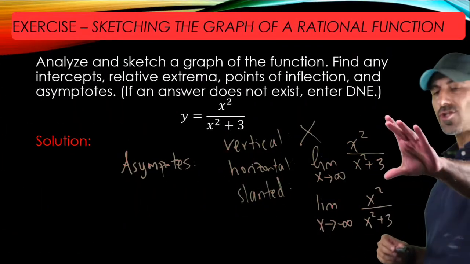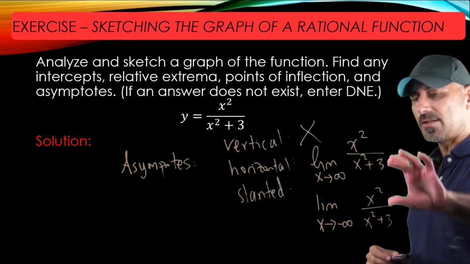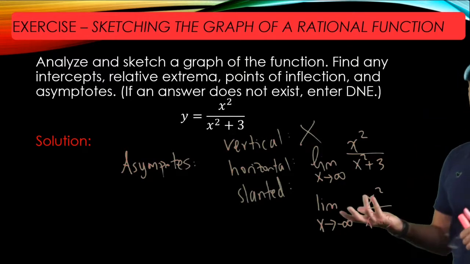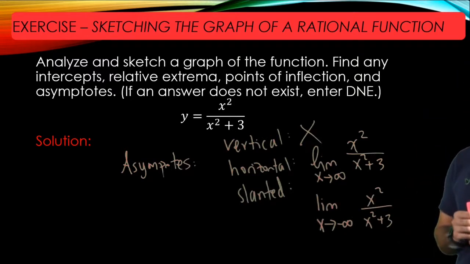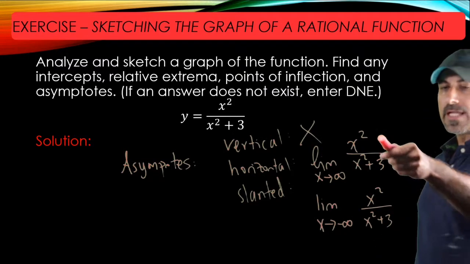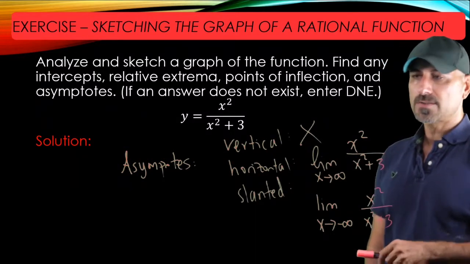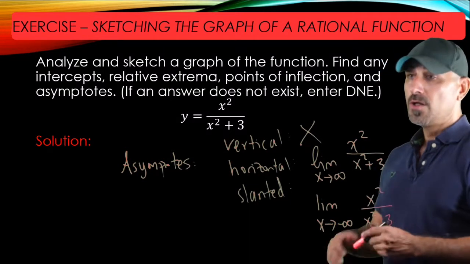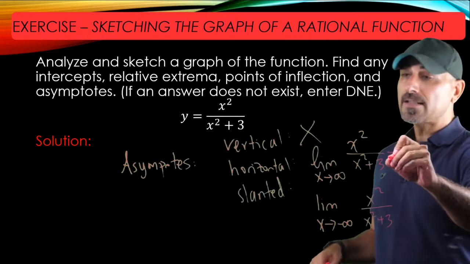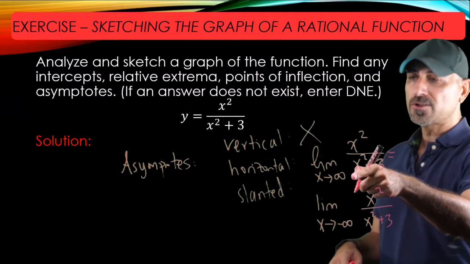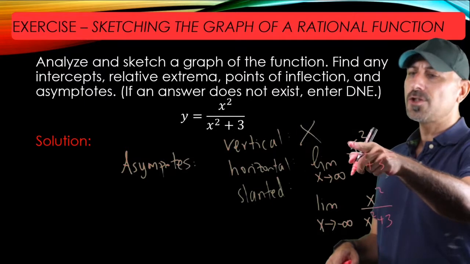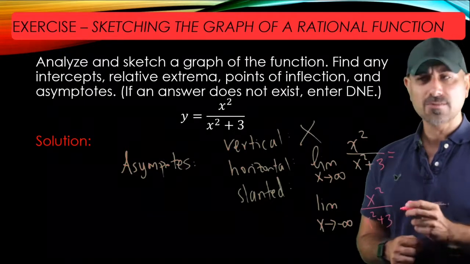If you have a rational function to start with, like in these two cases, all you're going to do is look at the degrees of the top and the bottom. Well, we have x squared here, the degree is 2, and we have x squared plus 3, the degree is 2 as well. So the fact says that the limit behavior of the function at infinity is the ratio of the leading coefficients of the highest degree terms.